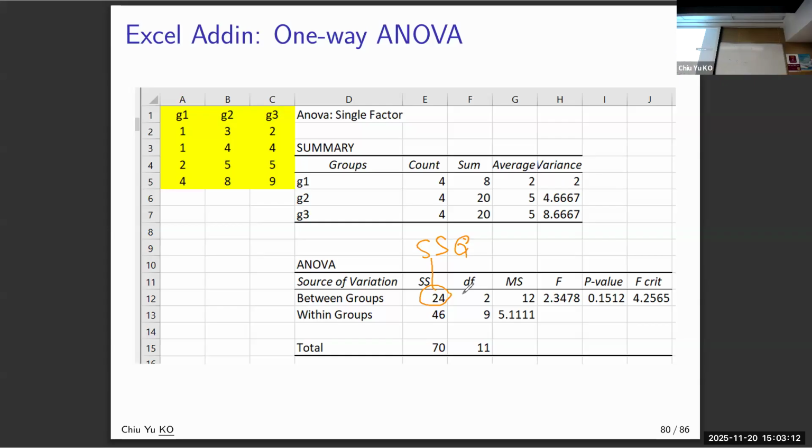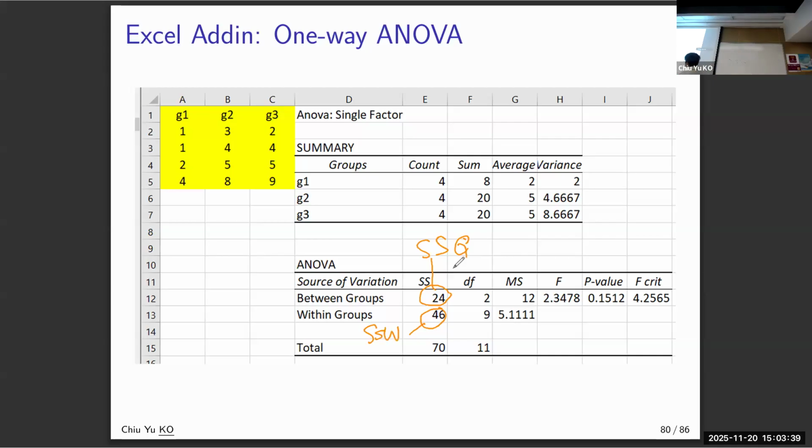Calculate the mean of each group, and see how each group varies. And remember, this part contains the sigma square, but also, if they're different, it will be a larger item. And here is SSW.